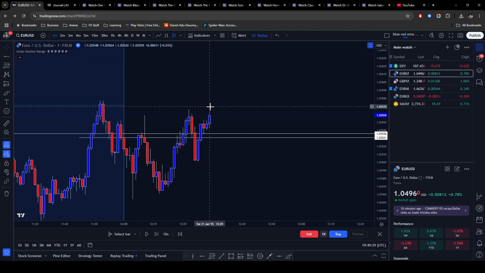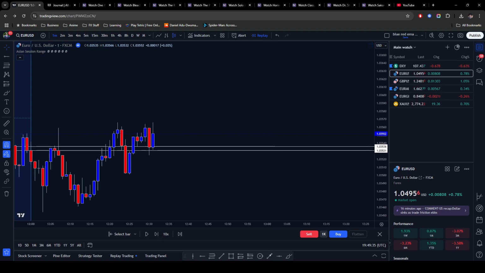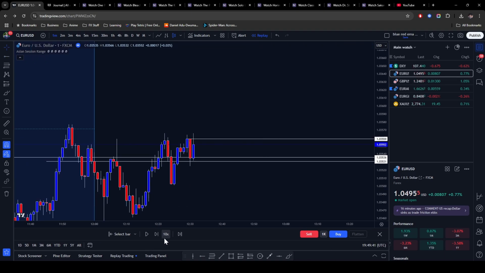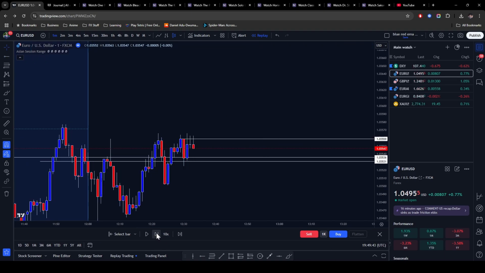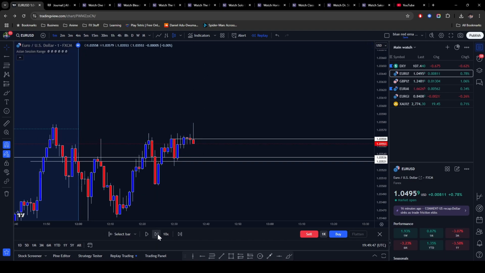So this is after the 15-minute closed above. It traded into right here. Now what I'm looking for is this level to be broken above, and then see if I can get some bullish movement. Right here it breaks above it. It's not quite as significant as what I wanted, and then there, that's significant enough.